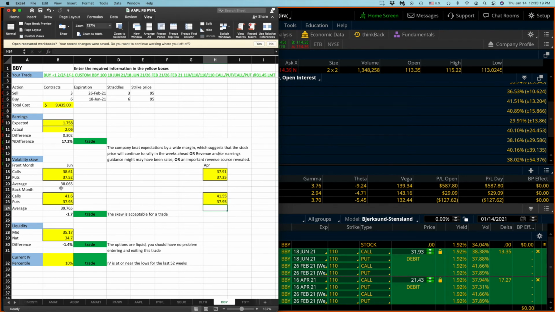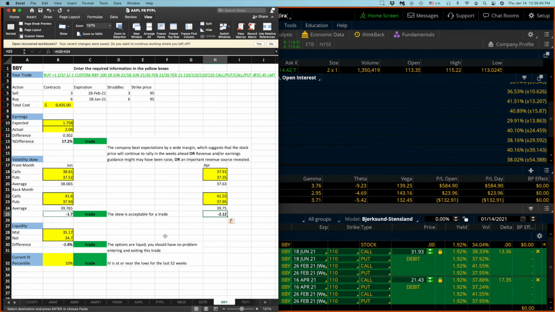Okay, we calculate the average of the two options for the back month and the same for the front month. Then we calculate the difference, and they both work. The April is a little more, but not a whole lot. Okay, so we could do April definitely.